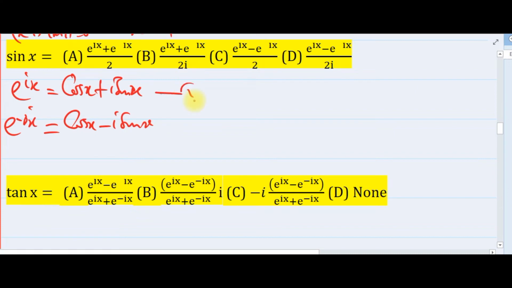So equation 1, equation 2. If you subtract, ix minus ix, this minus this is 0, so this minus minus, we have 2i sine x.